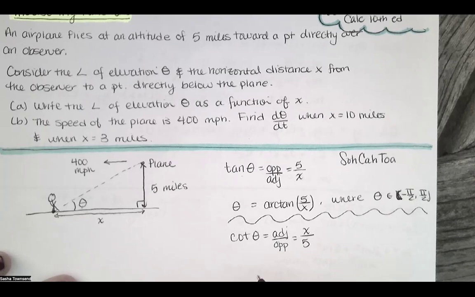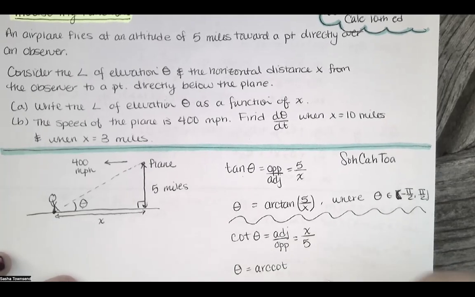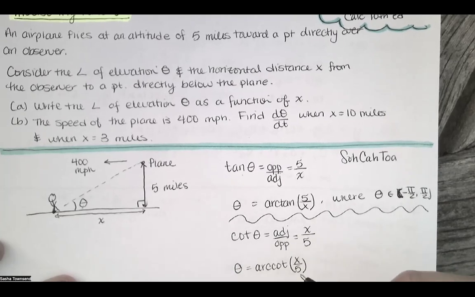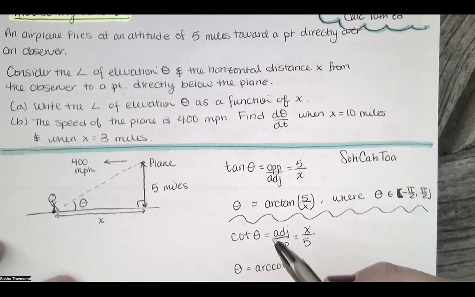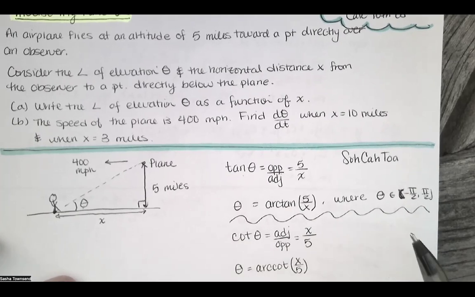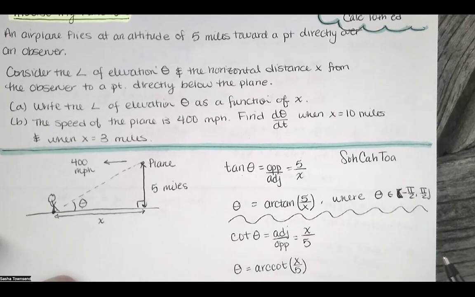So if we want to, we can solve for theta by taking the inverse cotangent of both sides, or the arccotangent. So we have the arccotangent of x over 5, but we have to choose theta to be in the correct interval in order for that to be true. So the arccotangent of cotangent of theta is just theta as long as theta is on the interval from 0 to pi.